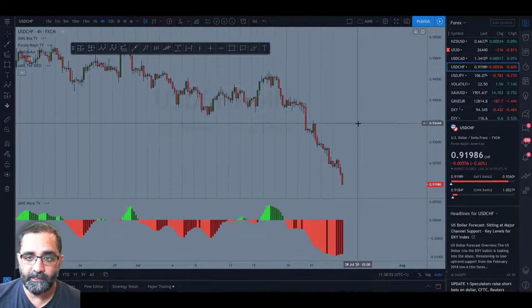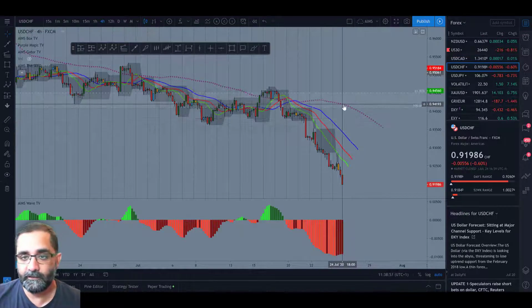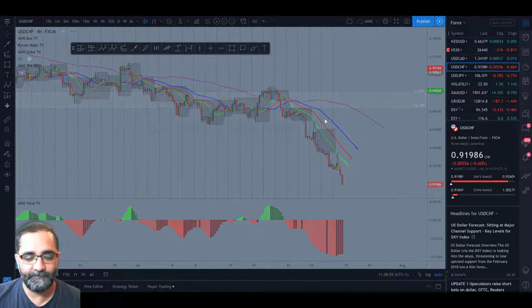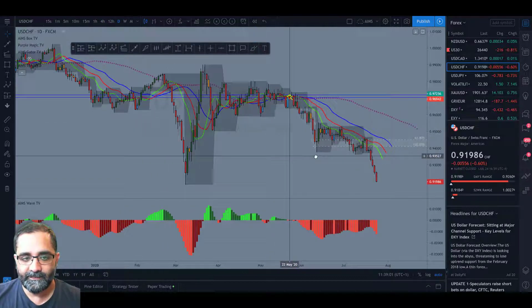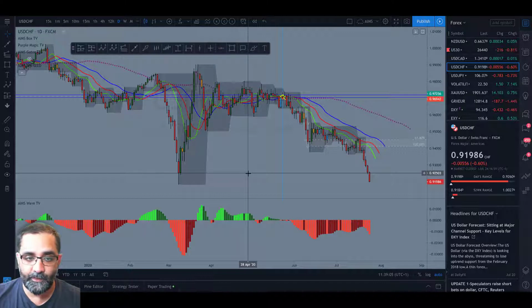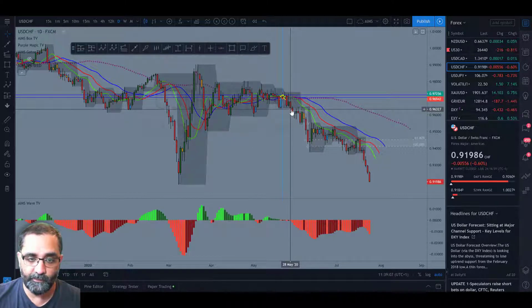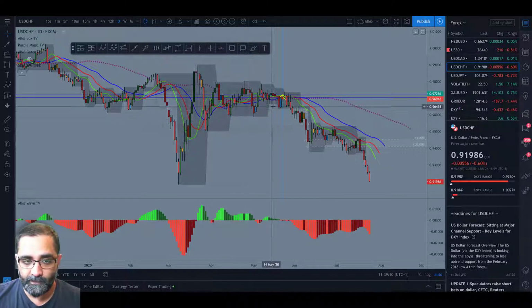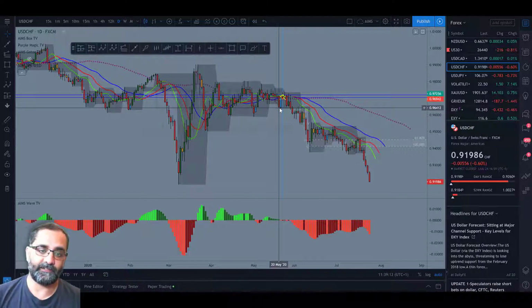Now let's have a look at the USD CHF. Another fantastic one. The Swizzy has been dropping from here. I was monitoring it. The box was tight, and this is what we call the saddle point.